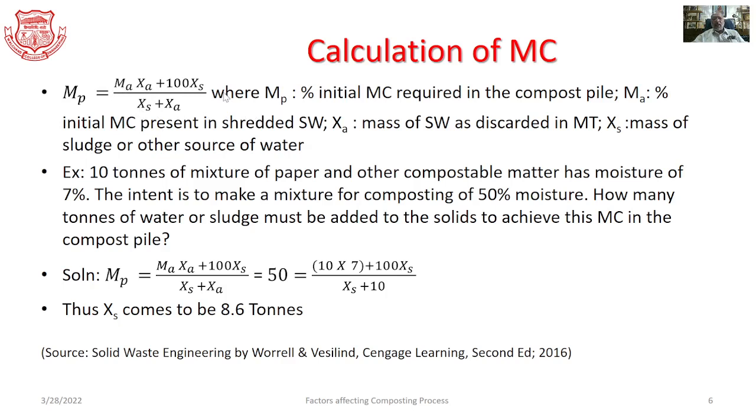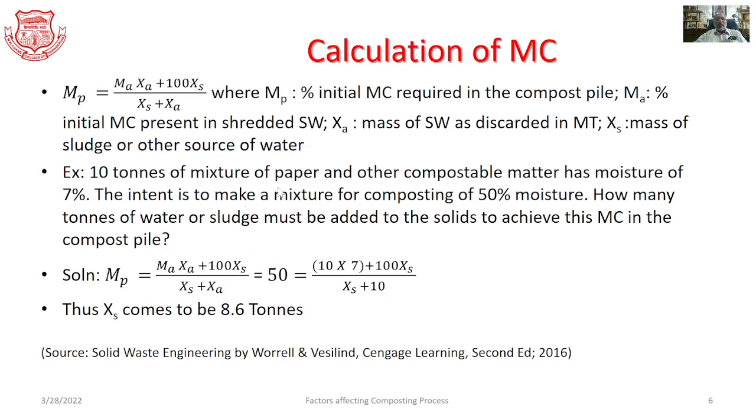This XA is the mass of solid waste as discarded in metric tons. This XS is the mass of the sludge or other source of the water that we intend to use. So, this mass balance can be used to work out the tons of the water or the sludge that needs to be added in order to achieve the desired moisture content in the compost pile.